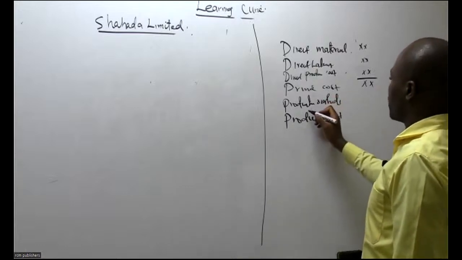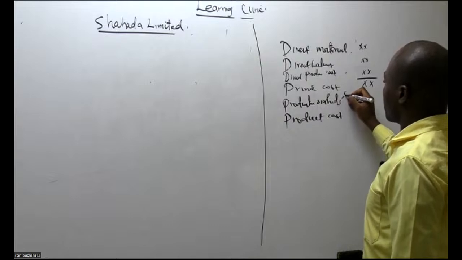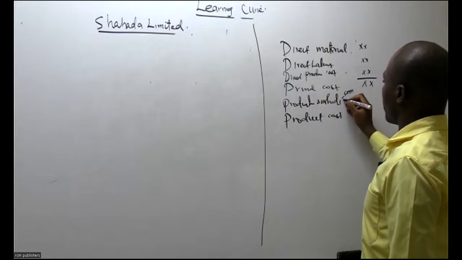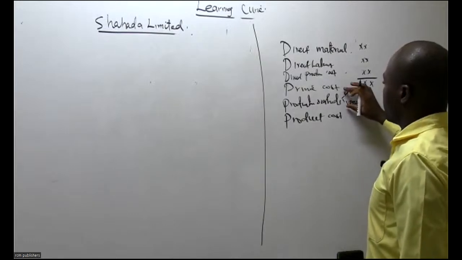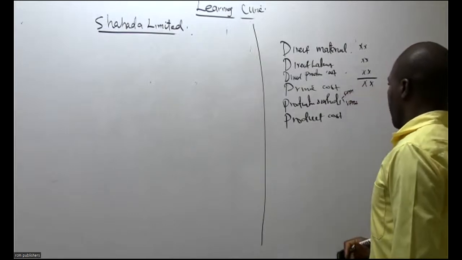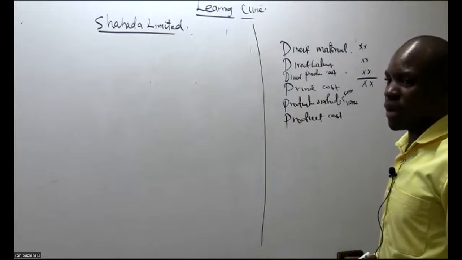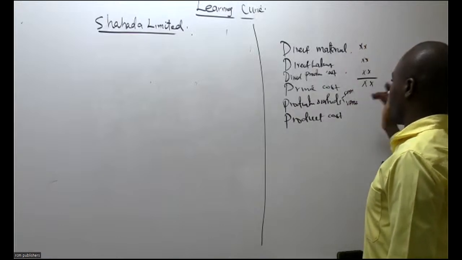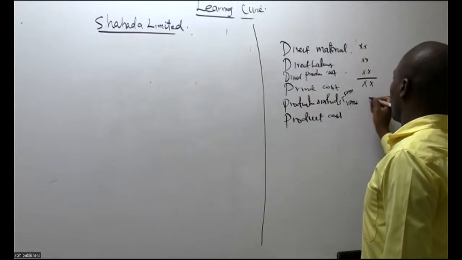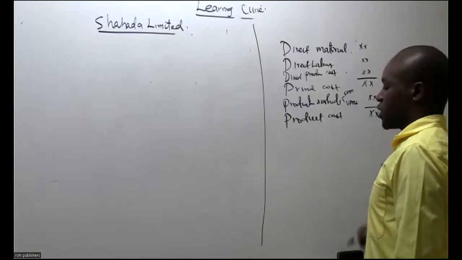After getting prime cost, we add production overheads, which we know very well: fixed production overhead and variable production overhead. This specification here, we are going to do more of it when we get to transfer pricing, whereby you're going to look at marginal and absorption costing. Here, we bring all of them, and then we get product cost.